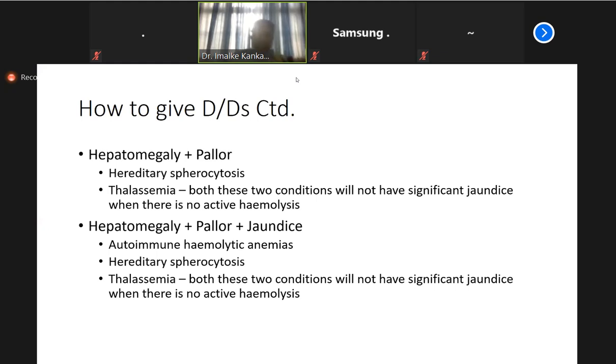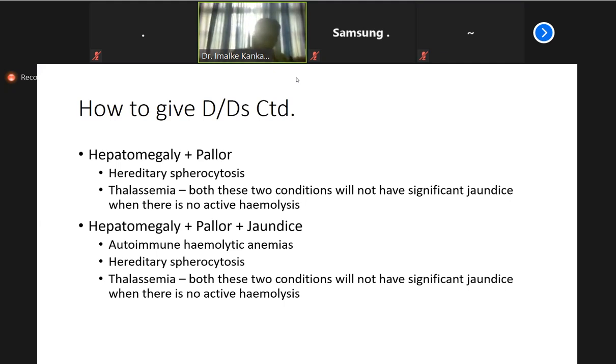Now hereditary spherocytosis can present without any active hemolysis for you to see jaundice, but they will have chronic pallor, right? And thalassemia will not have significant jaundice, right?